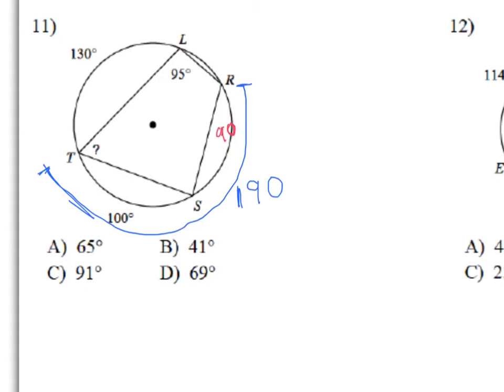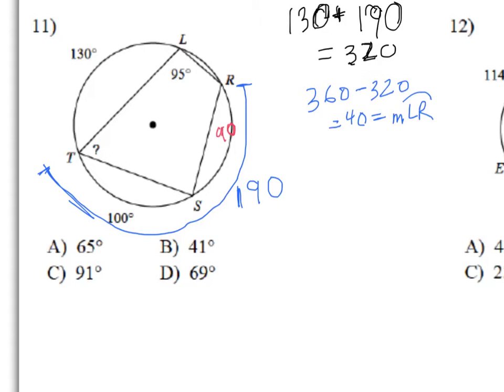If this is 90, this is 100, this is 130, I can find this because I know a full circle should be 360. So let me take my 130 and my 190, that gives me 320, and since a full circle should be 360, what's left over would be the 40-degree arc, LR.